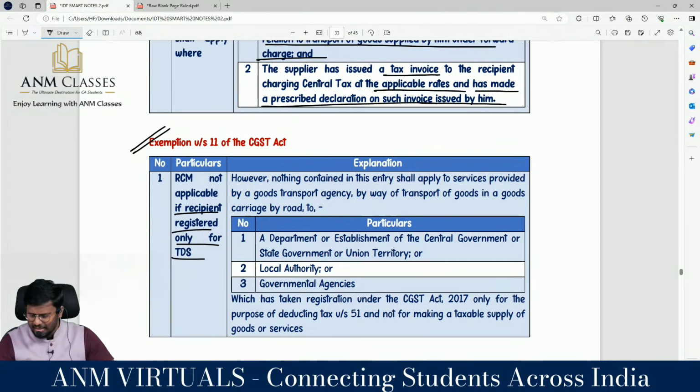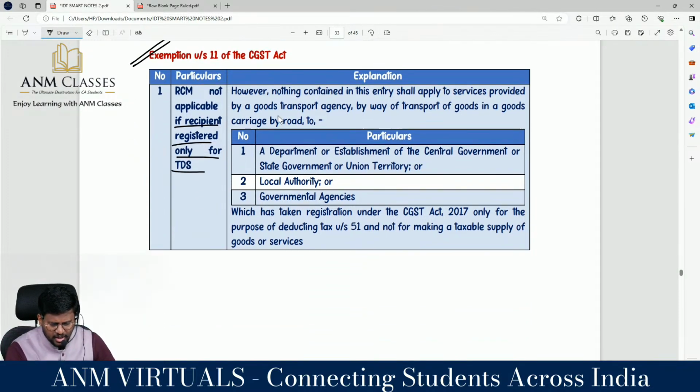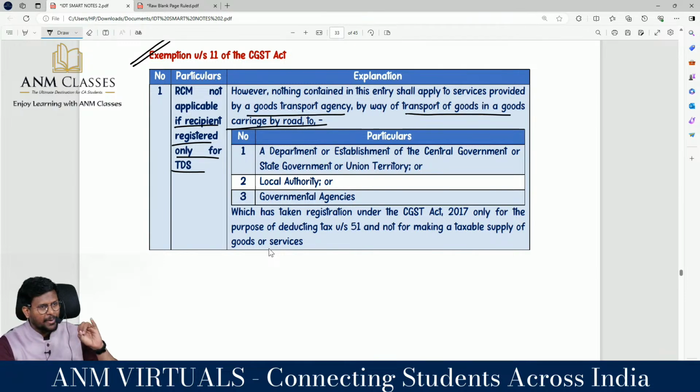However, nothing contained in this entry shall apply to service provided by way of transportation of goods in a carriage by road to a department or establishment of central government, state government or any territory or any authority or any agency, because these guys are liable to deduct TDS under section 51 and have taken registration under the Act only for the purpose of deducting tax under section 51 and not for making any taxable supply.